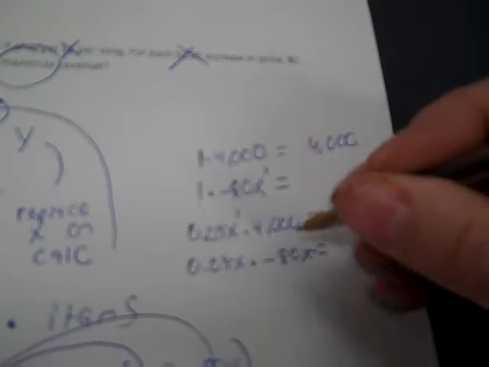Okay, so 1 times 4,000 is 4,000. 1 times negative 80, oh, by the way, these x's are to the 1 power. Okay. 1 times negative 80 is negative 80x to the 1. Okay, I need my calculator here. I need to take 0.05 times 4,000, and I got 200, positive 200, x to the 1.